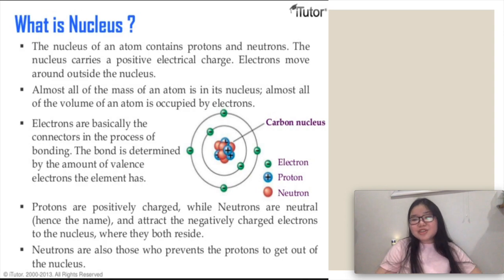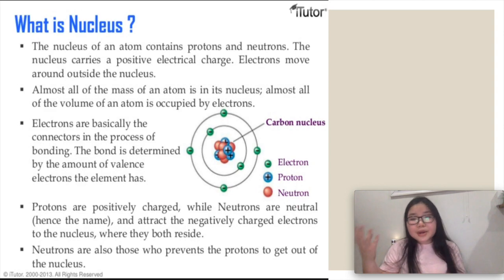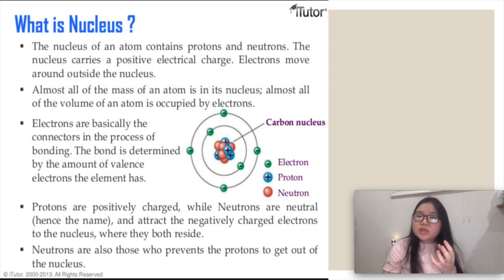Because the electron is small and there are a lot of electrons. That's the reason why its volume is higher than the nucleus, which only has one but bigger. The outer area is not that big as an electron, so it will not have much volume. It will not contain the volume of the atom.